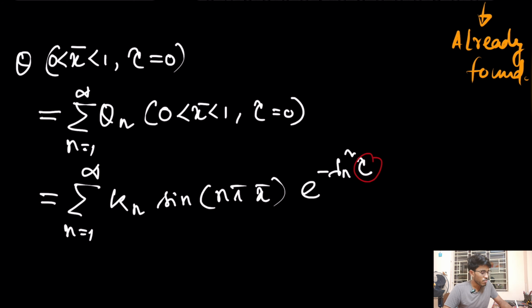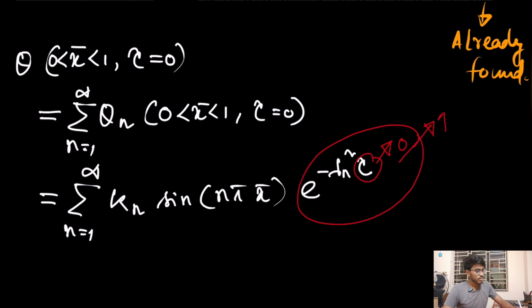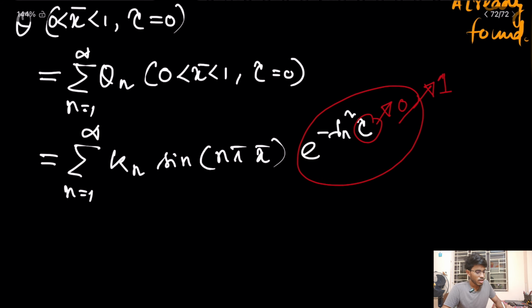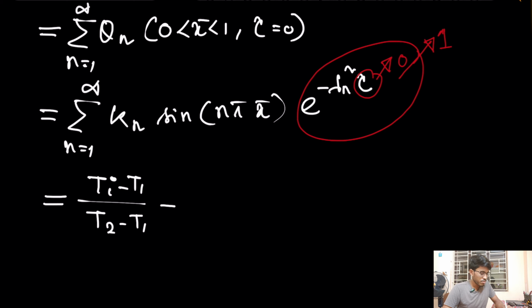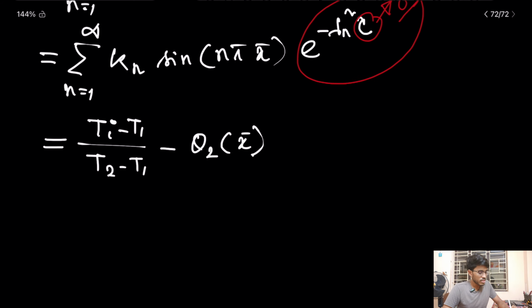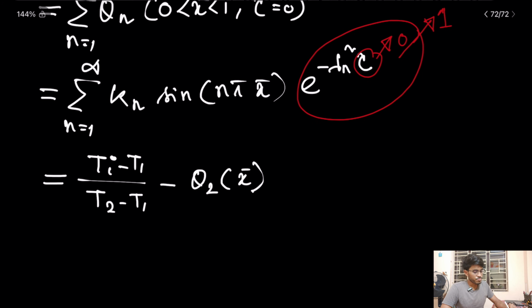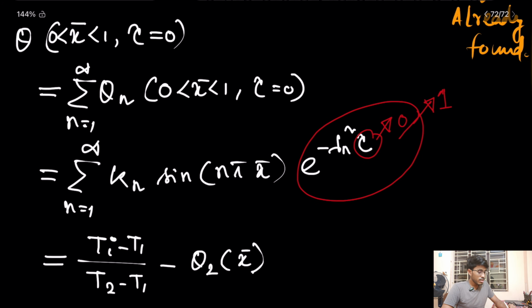So I am putting tau equal to 0, then this whole thing boils down to 1. So this is equal to Ti minus T1 by T2 minus T1 by theta 2 x bar. Let me not term this as any other constant, because that can create more confusion.